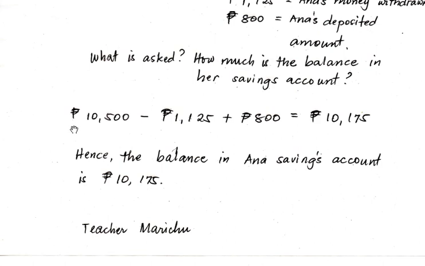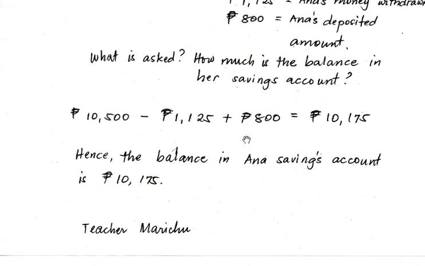Well, first, Anna's balance is 10,500. Then she withdrew 1,125 pesos. Withdrawing means subtracting from 10,500 pesos. Then after withdrawing, she deposited 800 pesos in her savings account.